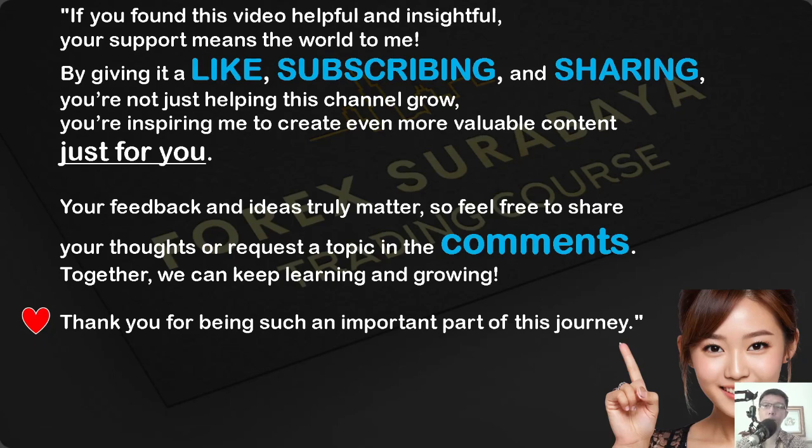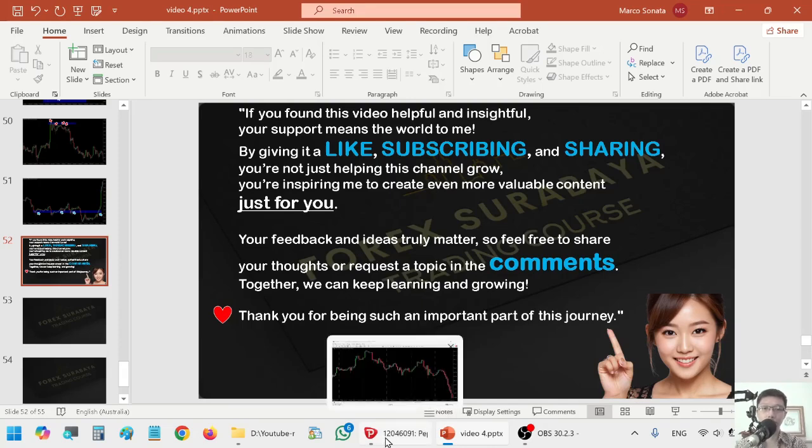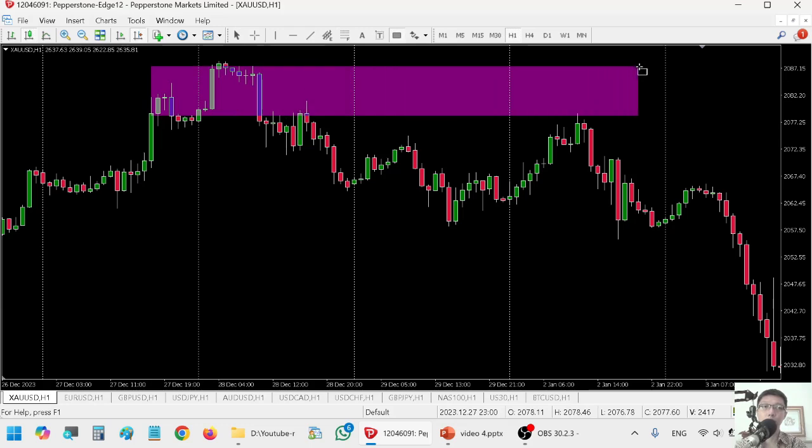Now let's see some examples in a real chart. Now we see gold. This is an uptrend, and after this level, sellers push the price downward. So we can mark this as a resistance area.